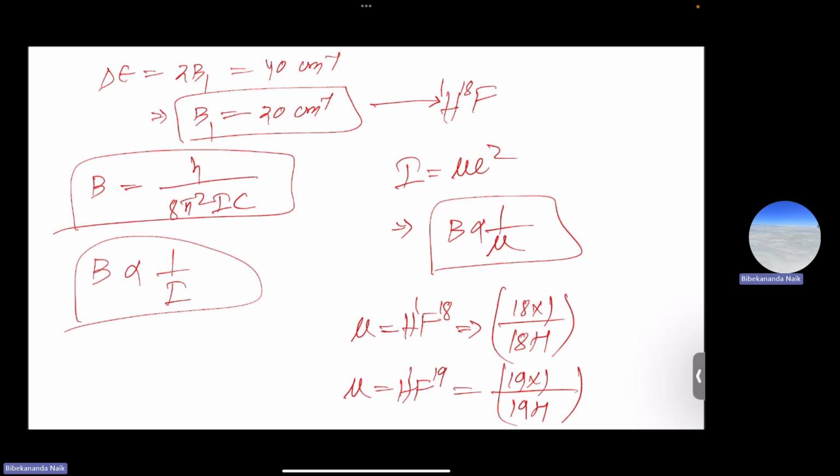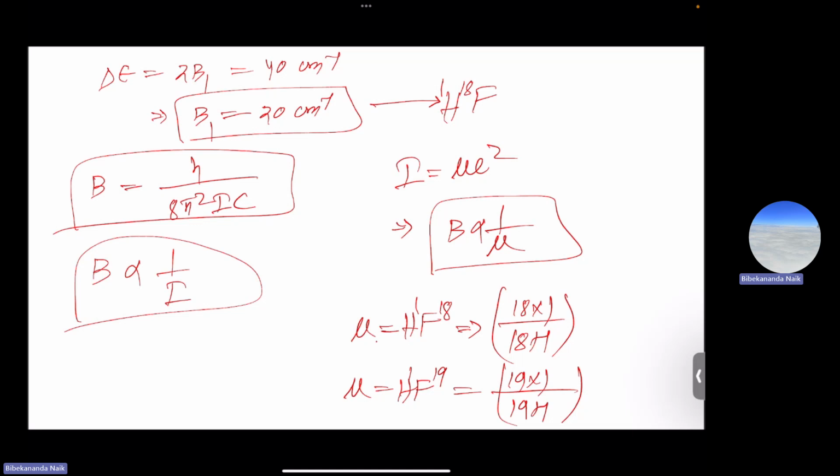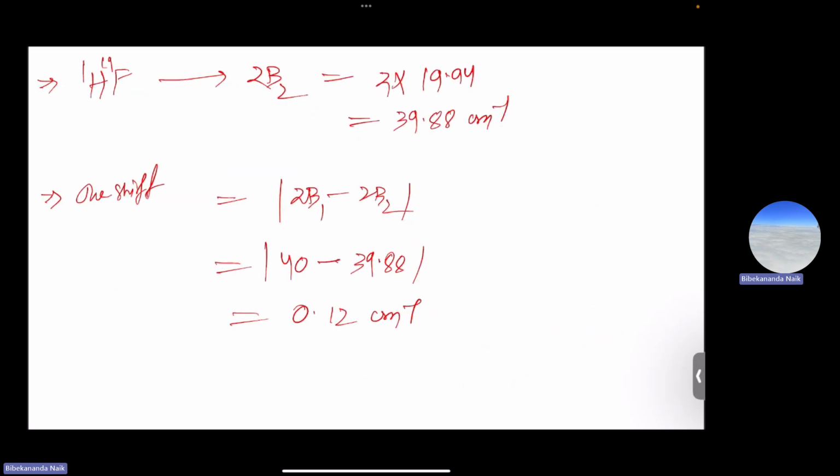So it is inversely proportional to I, and since the moment of inertia is directly proportional to the reduced mass, B is inversely proportional to mu. That's why B2 by B1 will be mu1 by mu2. For mu1, HF18, it is 18 into 1 by 18 plus 1, and mu2, HF19, is 19 into 1 by 19 plus 1. If you calculate, the value of B2 will be 19.94 centimeter inverse. Similarly, since the line is at 2B, it will be 2B2, that is 39.88 centimeter inverse.